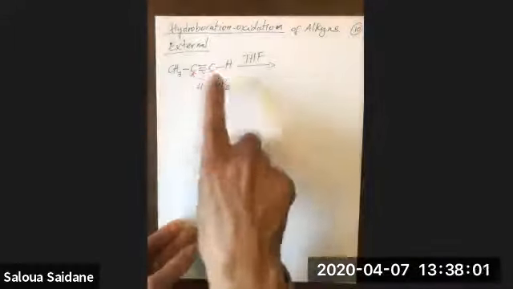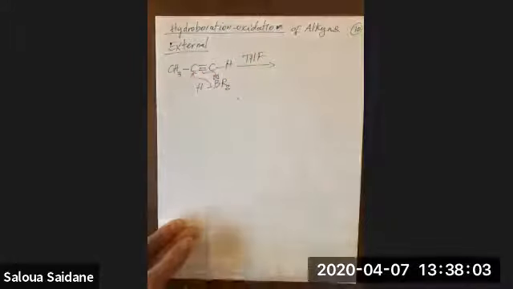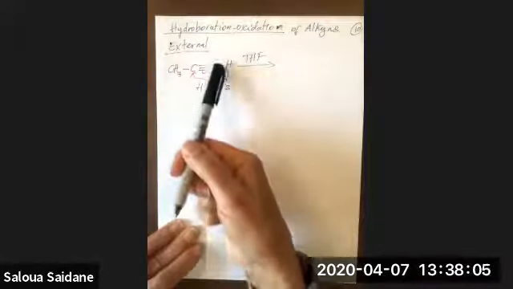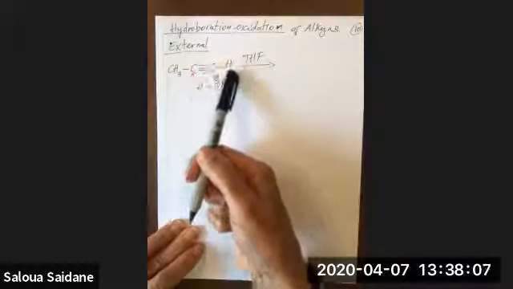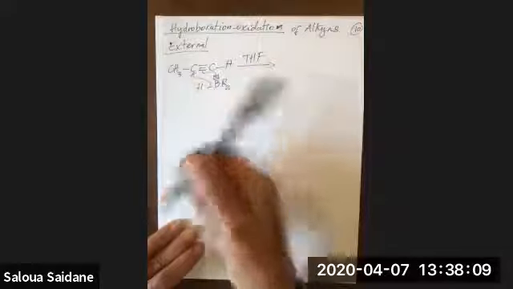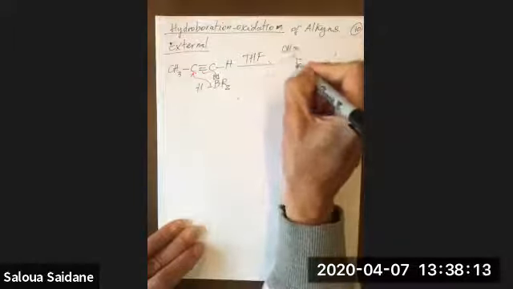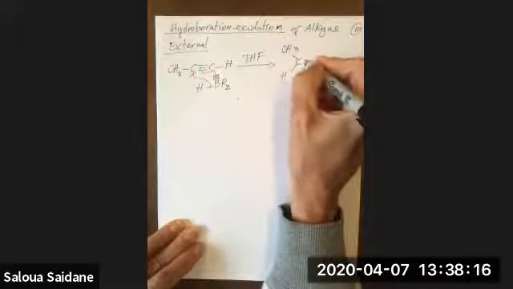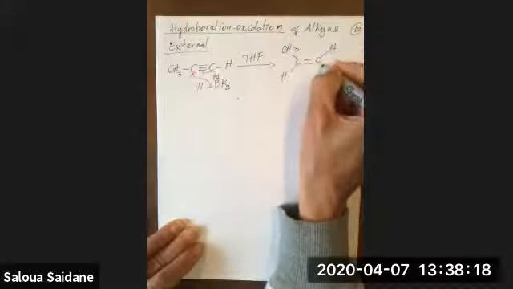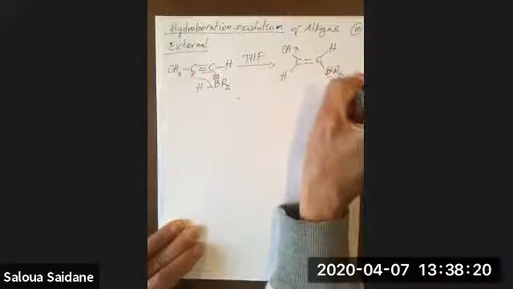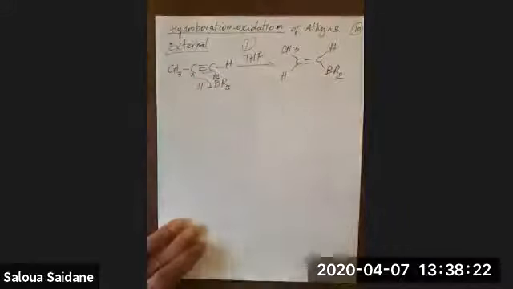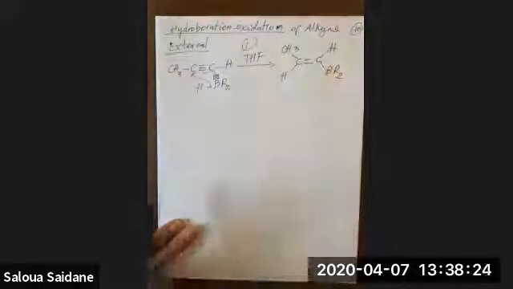In this scenario, they're on the same side, and the boron has to add on the bulkiest, on the less substituted. Why? Because this is bulky. So you're going to end up with C, CH3, H, and then C, H, Br2. So that's the first step, hydroboration.